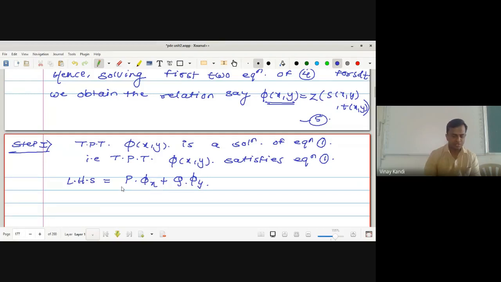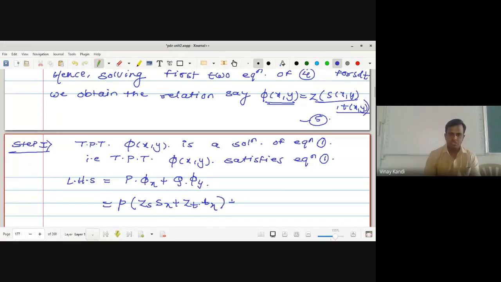This is the left hand side, which is equal to p into, differentiate phi with respect to x, this one. Okay, differentiate phi with respect to x. So here we get first z is the function of s and s is the function of x, plus z is the function of t, then t is the function of x.